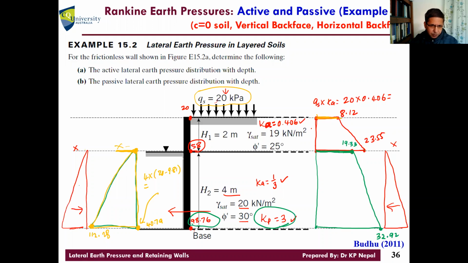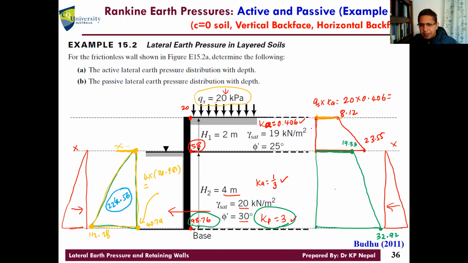So 122.28 times 4 multiplied by 0.5. Did you get this value? 224.56. This is the passive pressure force from this side.